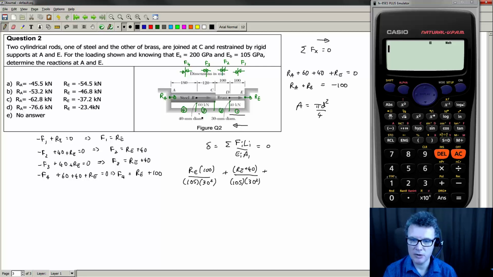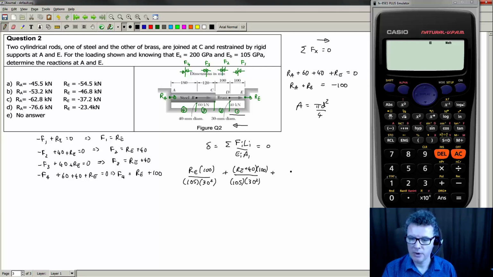Now we move on to section 3, so force 3. In that case, we've got RE plus 40. I forgot my length there, sorry, which was 100. Let's do that a bit tidier. It doesn't look like it's to the power 100 there.